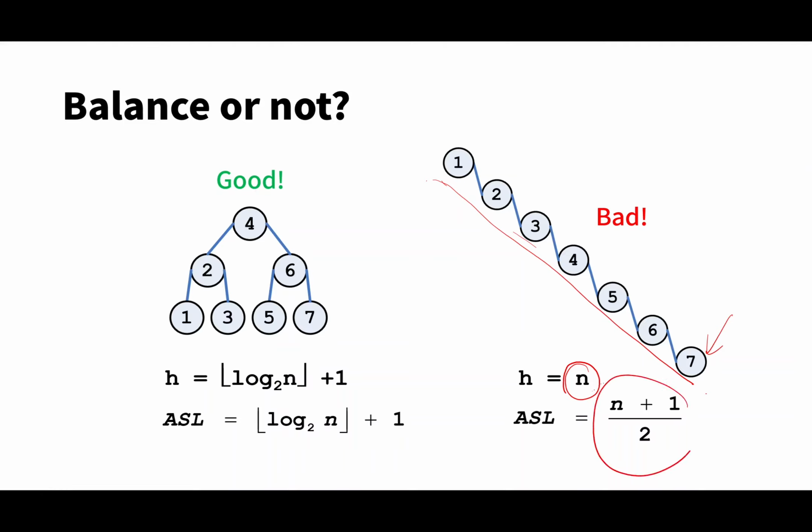Generally, the search time is n divided by 2. So if we want the search, delete and insert operations to have good efficiency, the BS tree must be balanced.